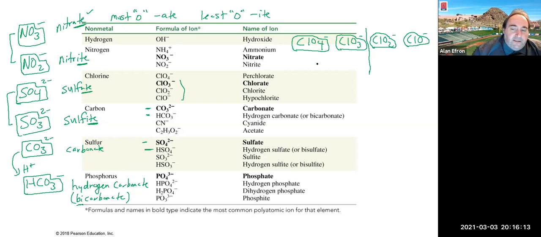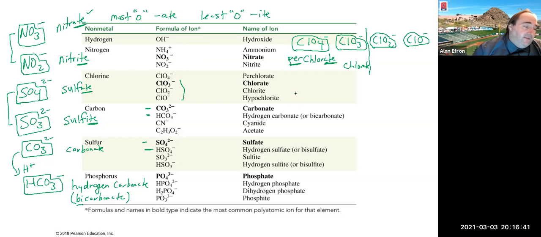To the left-hand side, these guys have the most oxygens, which means they should end in ate. So that would be chlorate. Clearly, you cannot have the same name for 2 things that are different. So the one in a group of 4 that has the most oxygens, in addition to ending in ate, actually starts with per in front.